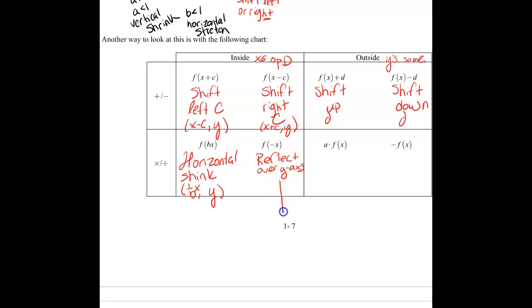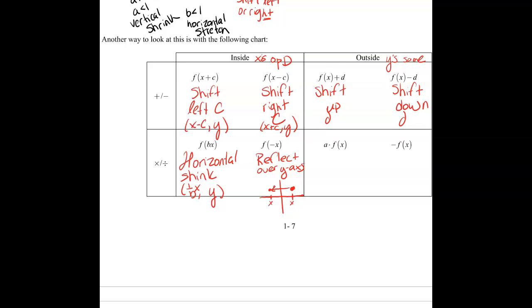And why that is: if I have a little graph here, and I've got a point just sitting over here, and I am trying to change my x value, what's going to happen? Well, my x values are going along this particular line, right? So if I switch it, my x value goes from here to here, and it's actually going to switch over to being a negative x value, which in turn reflects it over that y-axis.